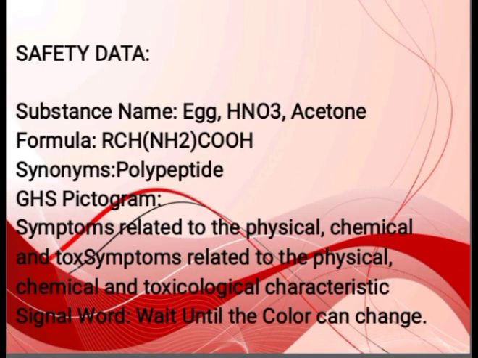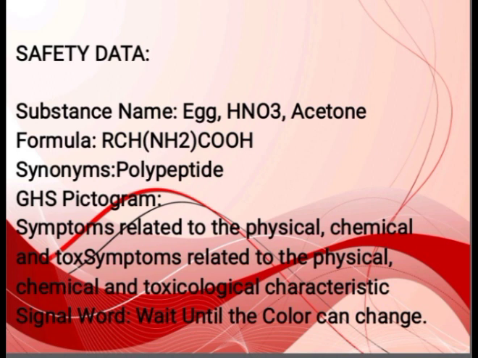Another is safety data. First is the substance name, which is NH2 acetone. Formula: RCH(CH2)COOH. Synonyms: polypeptide. GHS pictogram.